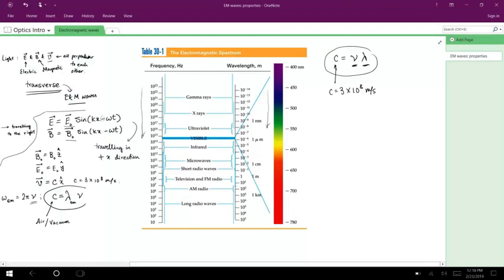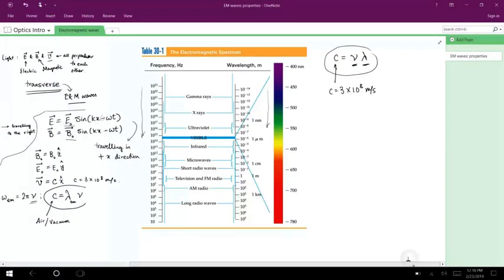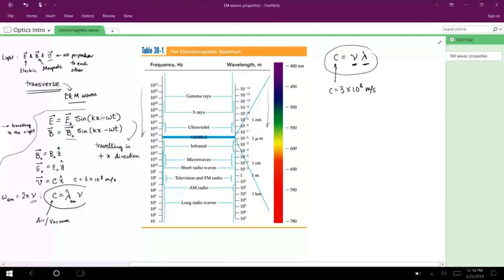The frequency can go all the way from very small. If the frequency is 0, that's not really an oscillating thing, but let's say that it starts from 10 and goes to 10 to the 23. That's the frequency in hertz, and on the other side, the wavelength lambda can go from 10 to the 7 meters all the way down to 10 to the minus 14 meters. And these are different kinds of electromagnetic waves.